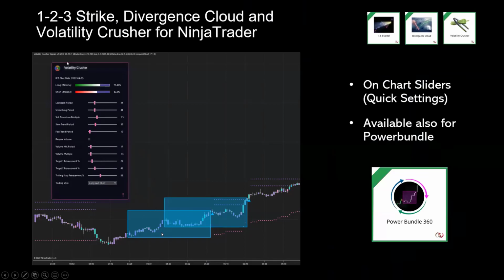Once you move these sliders, everything will be updated. The chart will be updated. The indicator signals will be updated. But of course, also your statistics, short efficiency and long efficiency, will be updated on the fly, which makes it very easy to adjust your parameters and to find the best parameter settings for a given symbol or time frame.